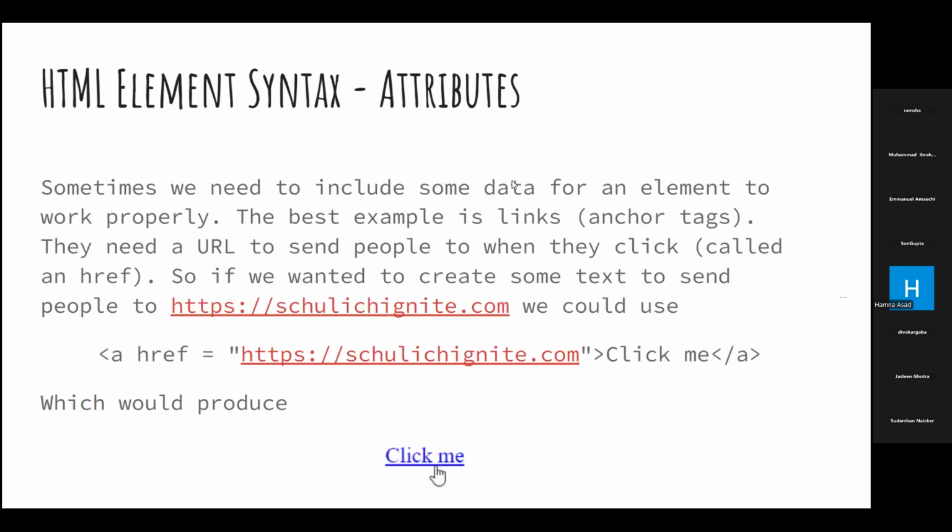We have some attributes that can be implemented in the tags, which allow different features to happen. If we look at the anchor tag here, it has the attribute href, which allows the user to click on this link and be redirected to the Schulich Ignite website.